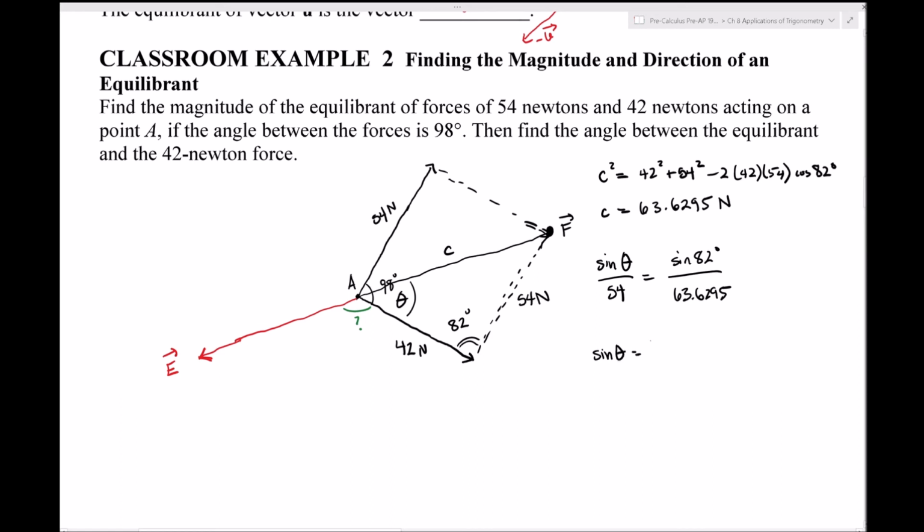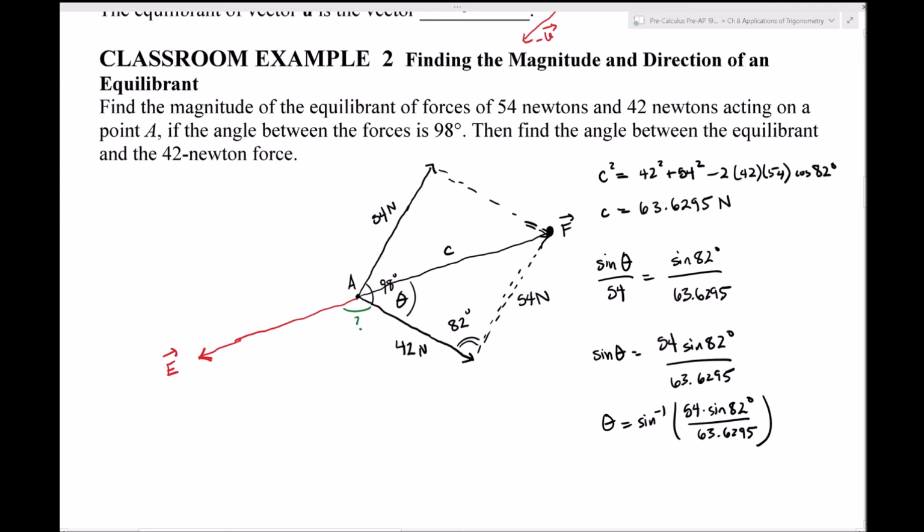Sine theta is equal to 54 sine of 82 degrees divided by 63.6295. Then to find theta, theta is equal to the inverse sine of all of that: 54 times sine 82 degrees divided by 63.6295.